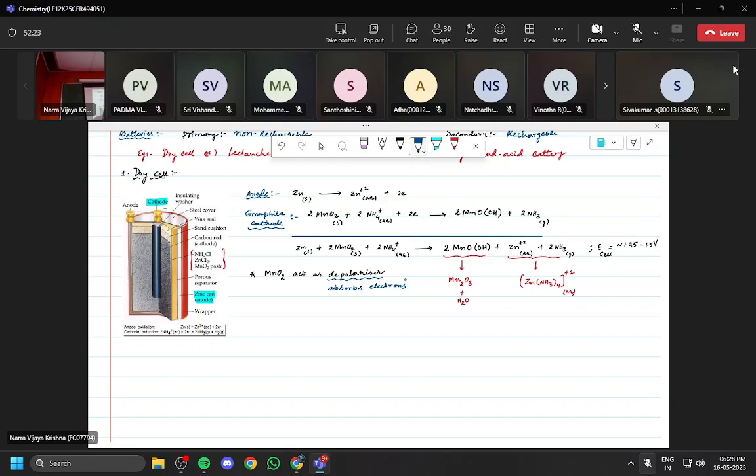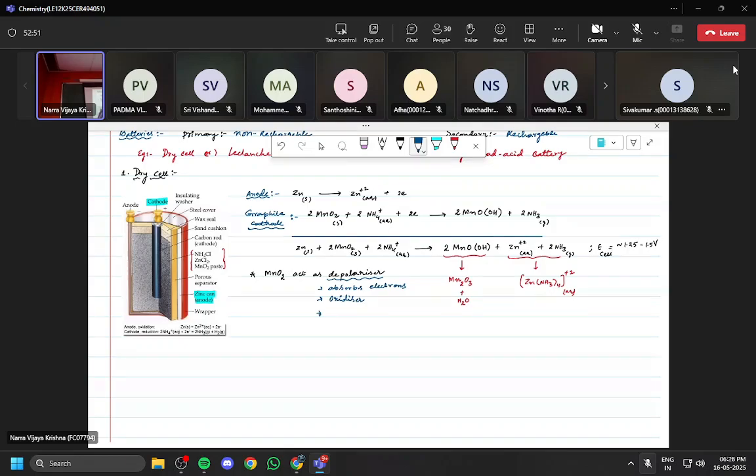If something accepts electrons, it is itself undergoing reduction, so it can be called an oxidizing agent. Can I call this an oxidizer also? Because it is absorbing electrons, right? And it is absorbing hydrogens also.